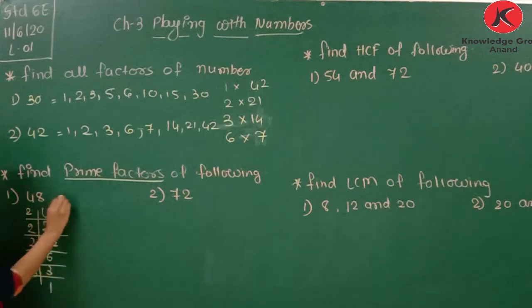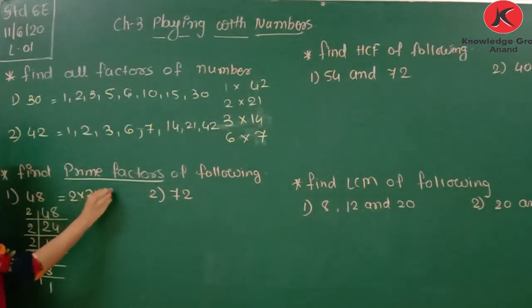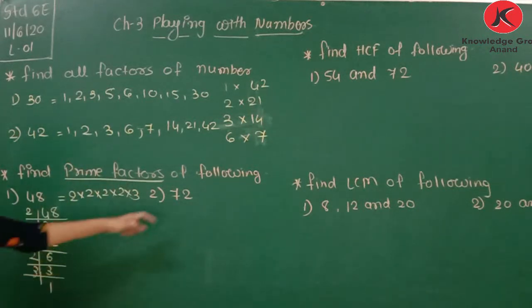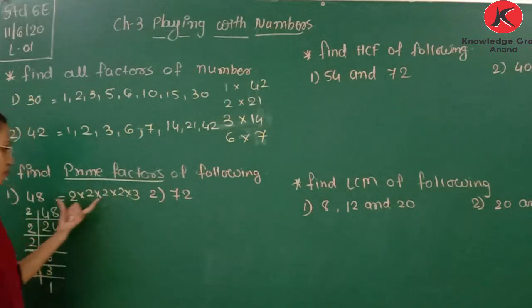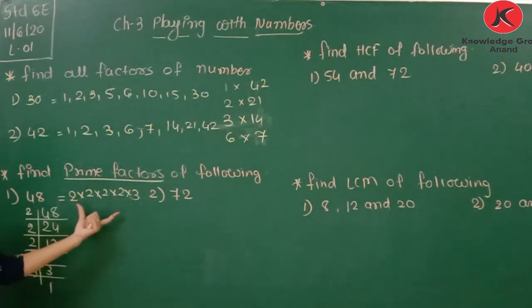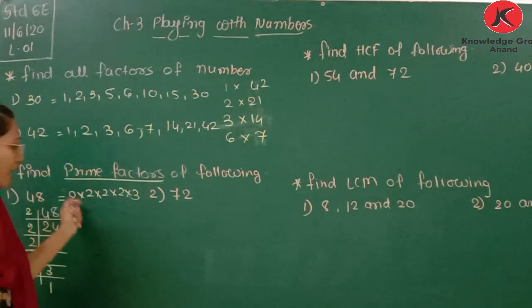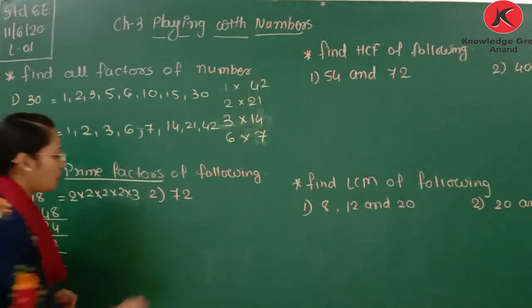So what are the prime factors of 48? That is 2 multiply 2 multiply 2 multiply 2 multiply 3. You can see all the numbers are prime and if you multiply these you will get 48. It means these are the prime factors of the number.